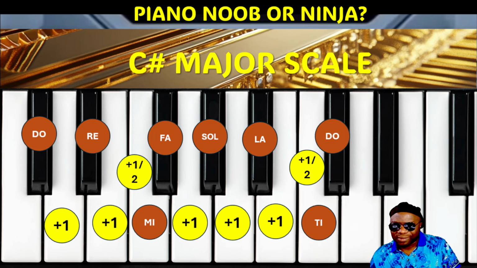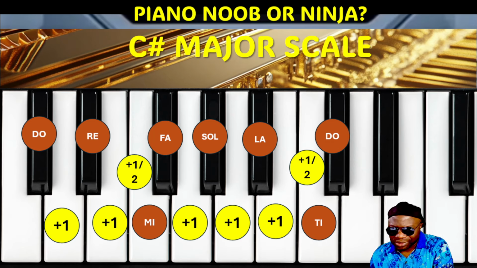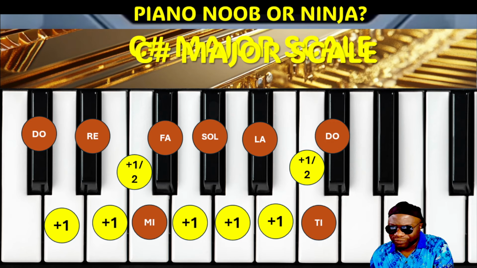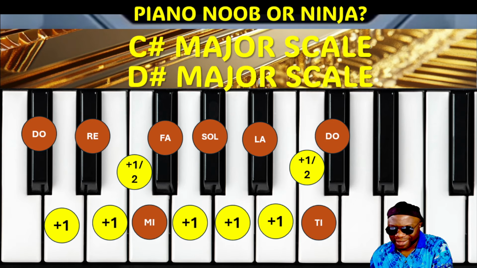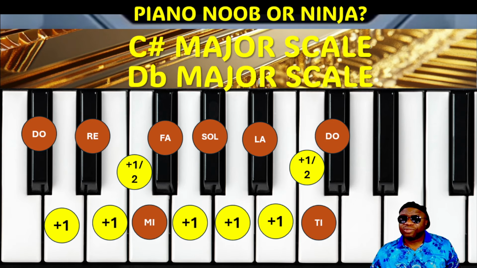Or based on our little exercise that we had earlier, I'm hoping you remember that this could also be called the D flat major scale. Okay? D flat. This is one of the most difficult keys for pianists to play, especially because of the nomenclature of C sharp.